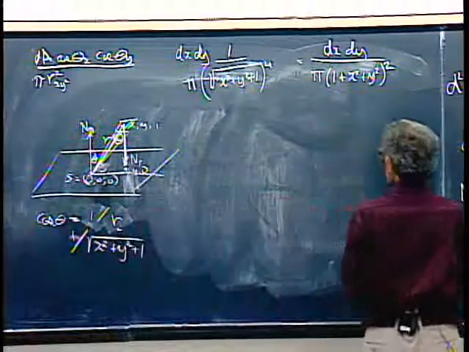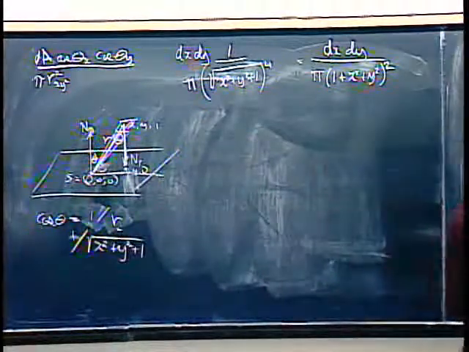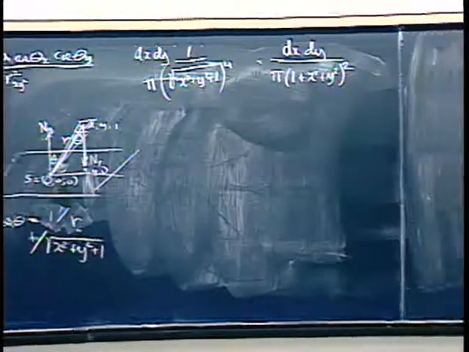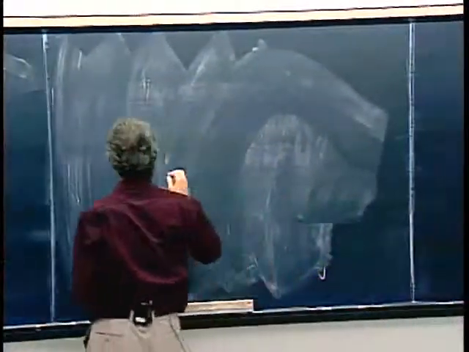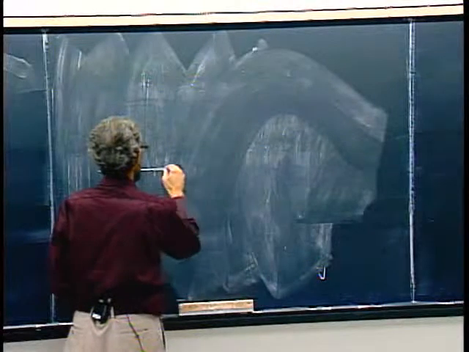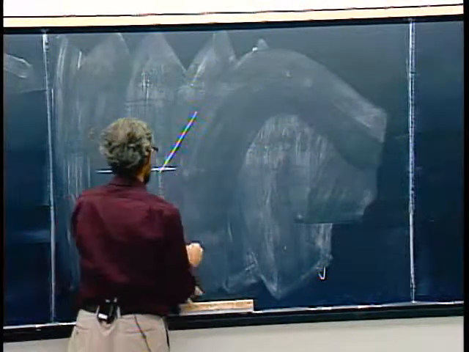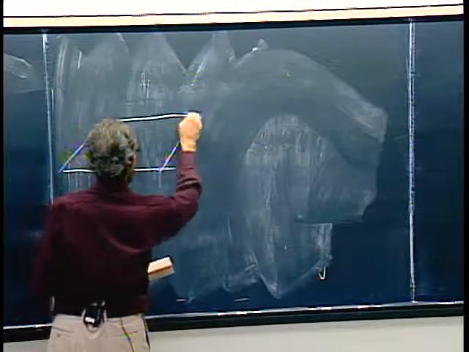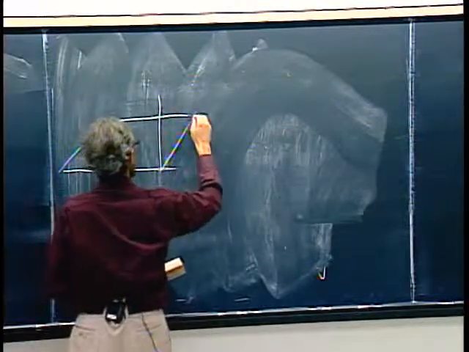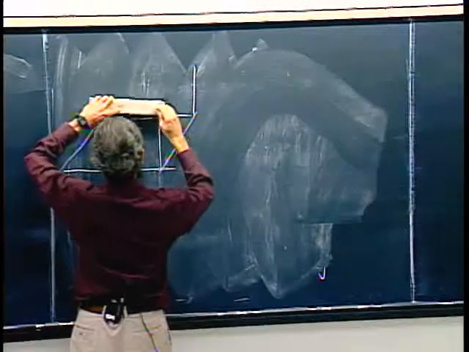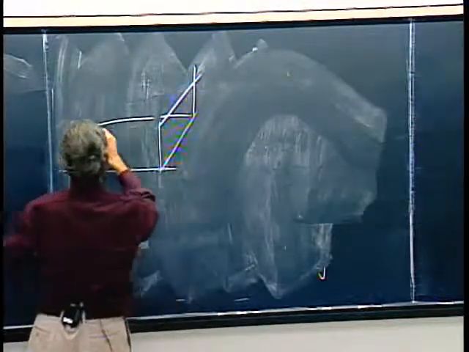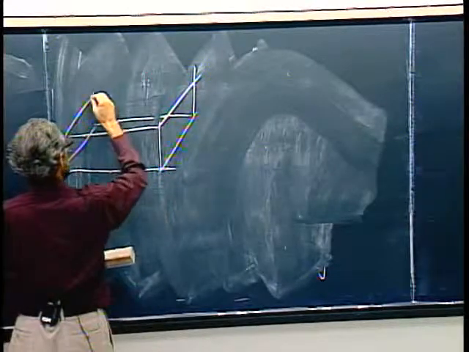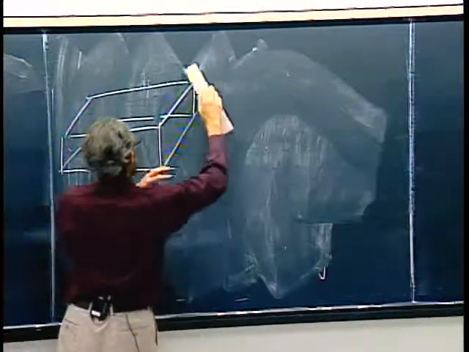And now I have to draw a similar picture for the side of the cube. So let me draw the same cube here. Actually, this doesn't come that high, does it? It's more like that. That isn't a beautiful picture, but here was the top of it. And here's the side.